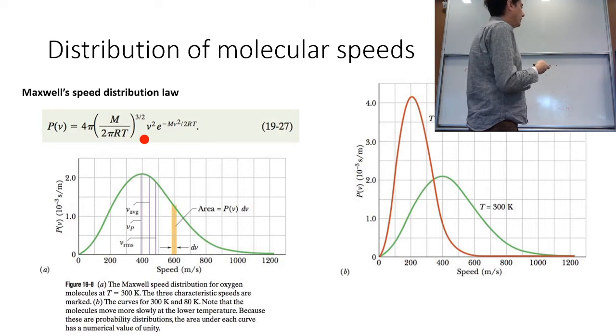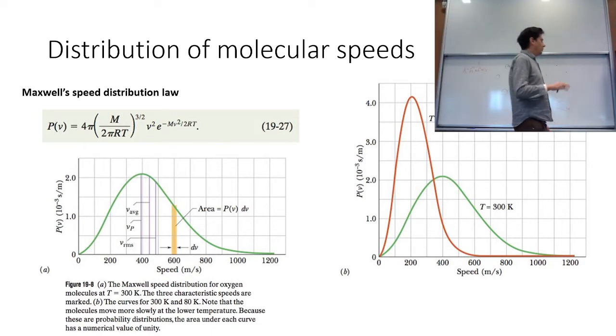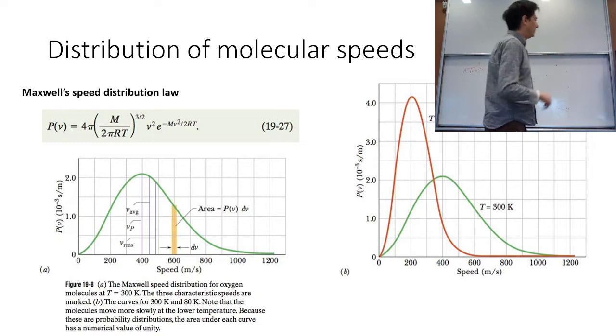For a particular velocity, you put it in this formula, and within this formula it has a bunch of constants related to temperature, the molar mass of the atoms, and the gas constant. And this will basically tell you the probability that it will be moving at that particular velocity.